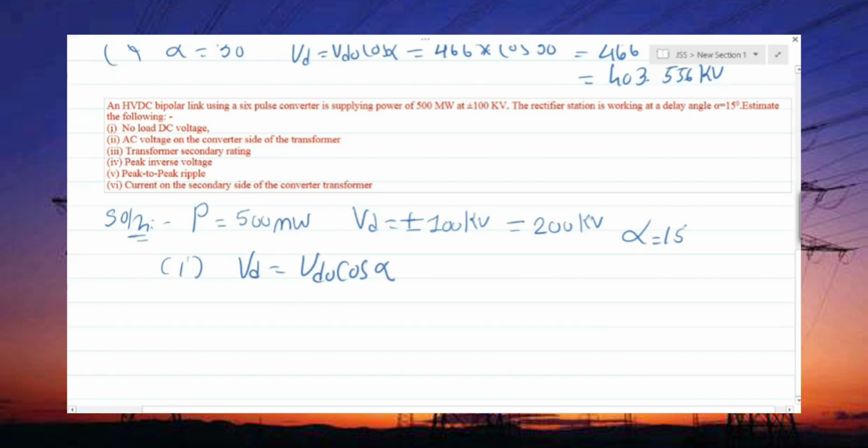Here VD is given, 200 kV, and alpha is 15 degree. So you can find the no load DC voltage VDO is equal to VD upon cos alpha, which is 200 upon cos 15. So you will get the no load DC voltage as 207 kV.